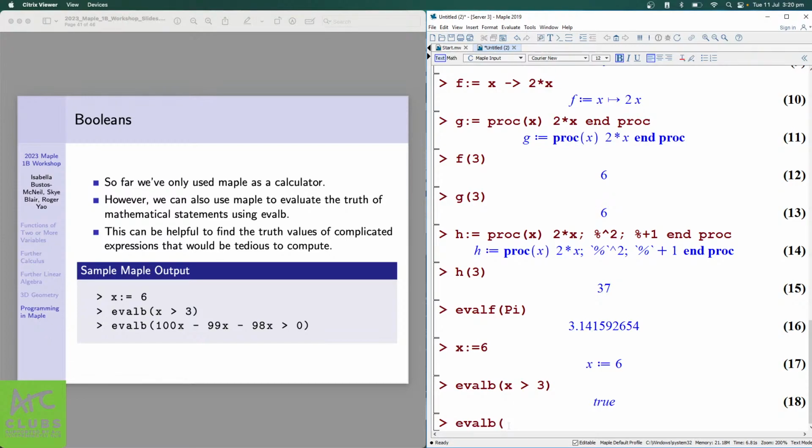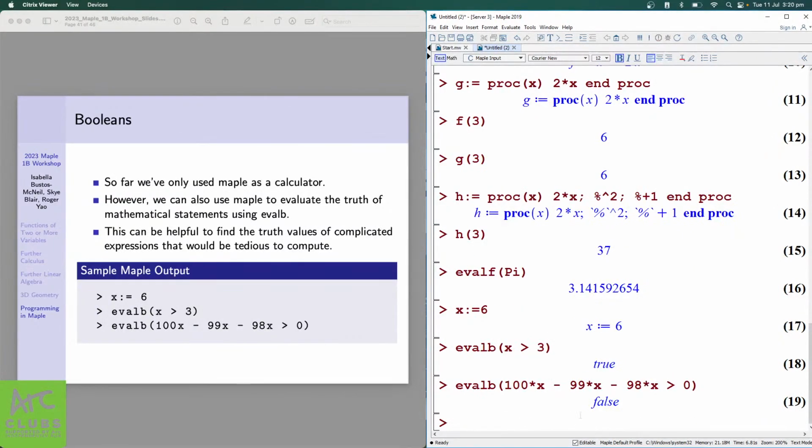So let's say I wanted to know whether 100x minus 99x minus 98x is greater than 0. To do that, I'd put evalb 100 times x minus 99 times x minus 98 times x is greater than 0. And Maple is telling me that this statement is false.